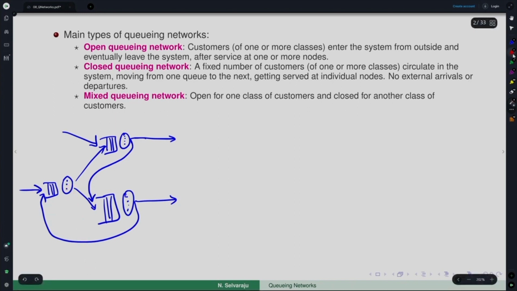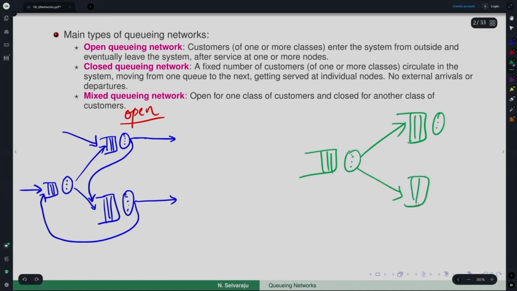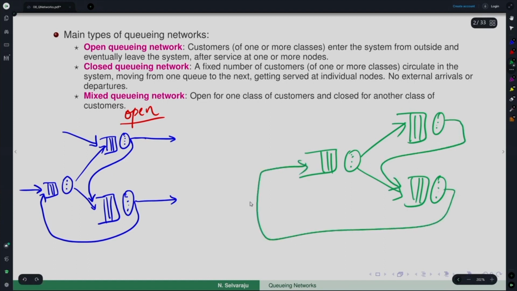So this is what we call an open network. Now, as opposed to this, what will happen in a closed queuing network? You have some number of servers here, and then this goes here, again served by some number of servers, and from here it can go here with some number of servers, and from here again it can come here, and from here again it can come here.